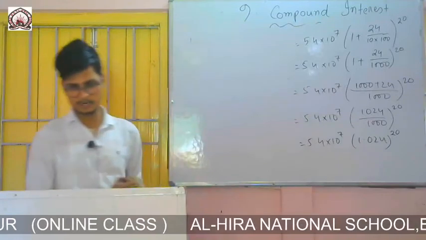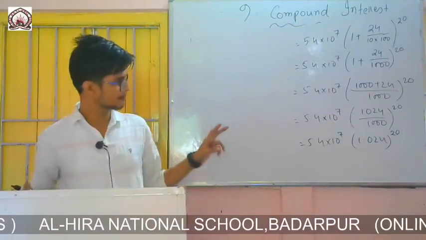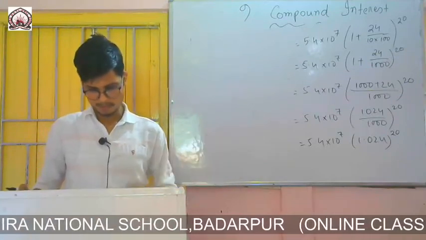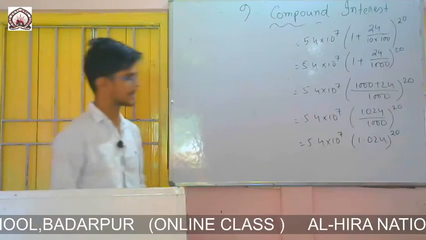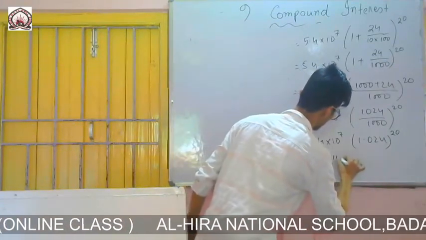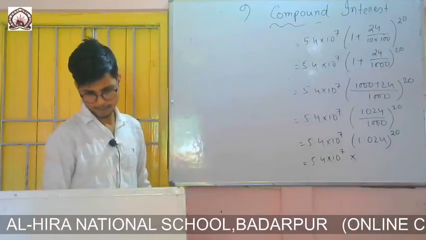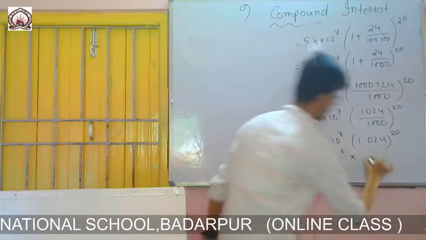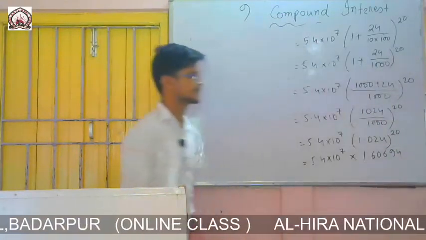Now you see in the question the value is given, in the last line it is written, given that 1.024 to the power 20 equals 1.60694. So now you use this one, it is given 5.4 into 10 to the power 7 into the value 1.60694, it is given in the question.